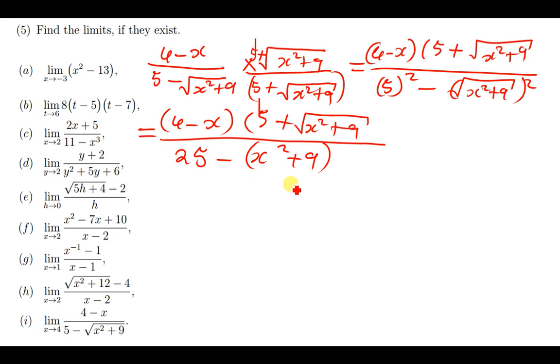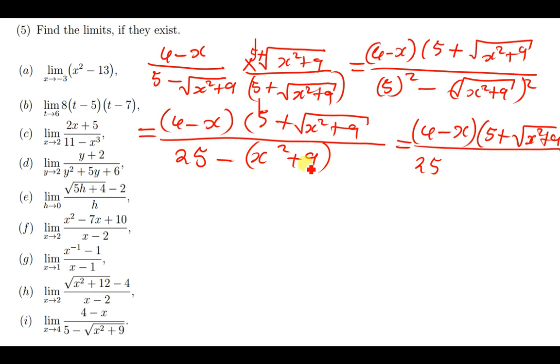So when you do the simplification further, you're going to get something like this. You're going to have 5 plus the root of x squared plus 9, everything divided by 25. This negative times 9 will give me negative 9. This negative times x squared will give me negative x squared.